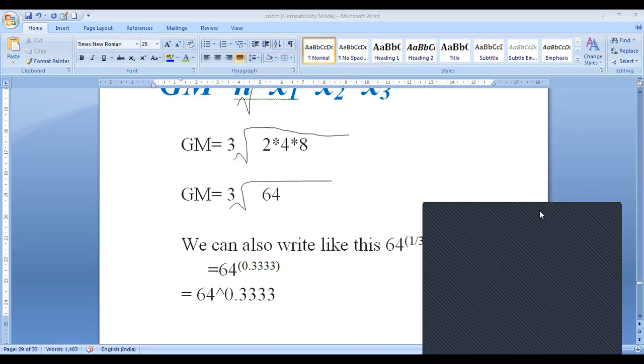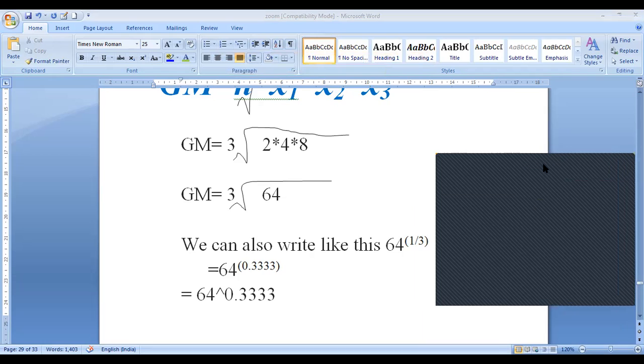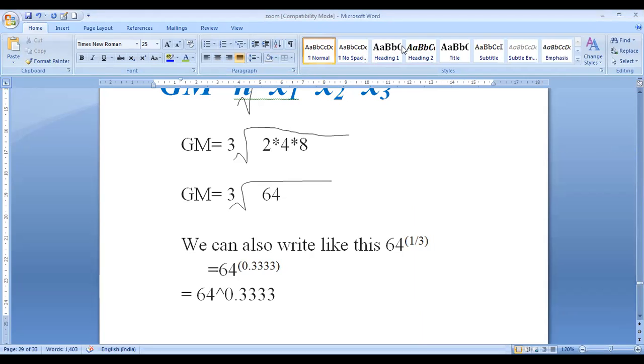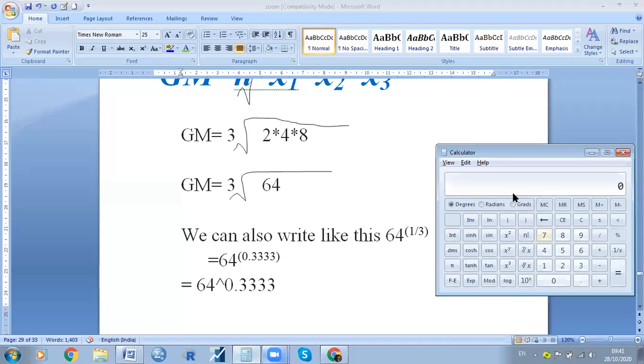Is the calculator visible for you? Hello, dear students. Is it visible? Yes, sir. The calculator is visible for you on my desktop. I think now it's visible.